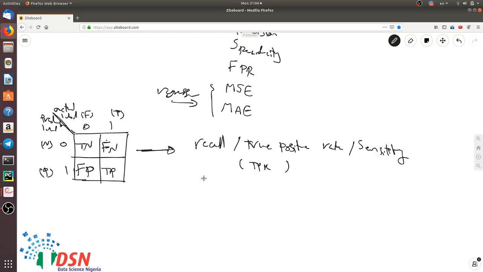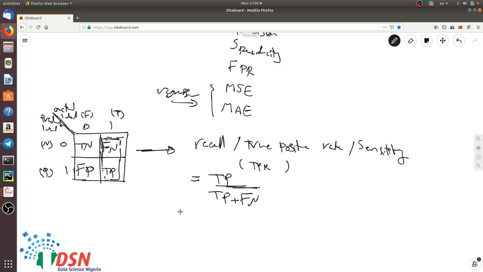The definition is true positives over true positives plus false negatives. So we are getting some kind of accuracy here, for all the true labels. Okay, so this is recall.